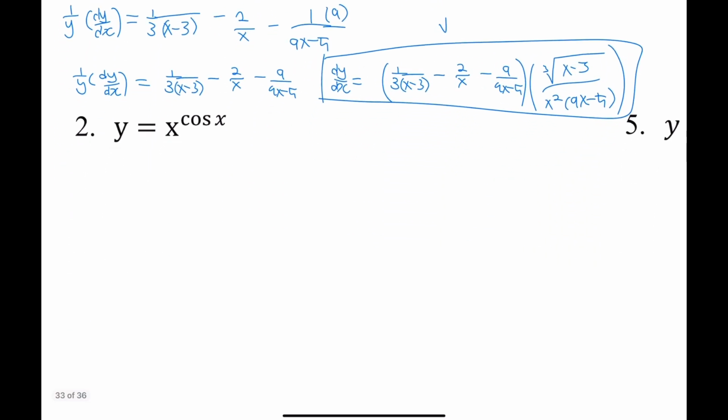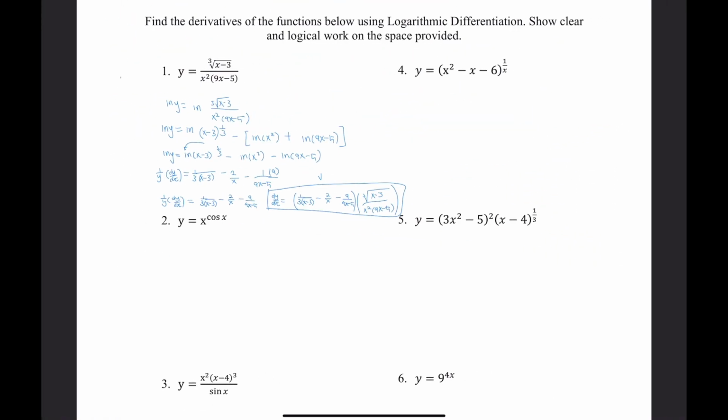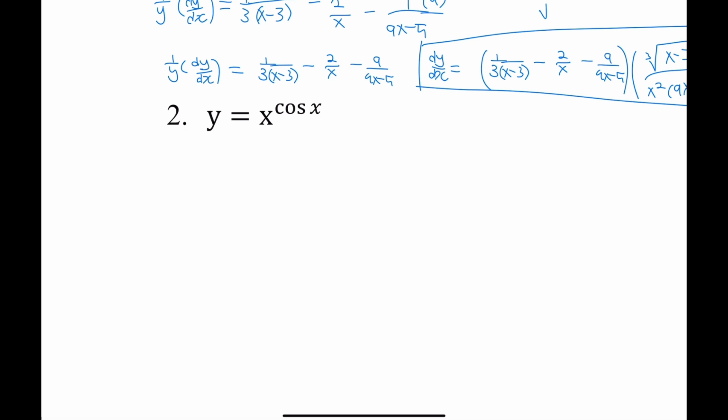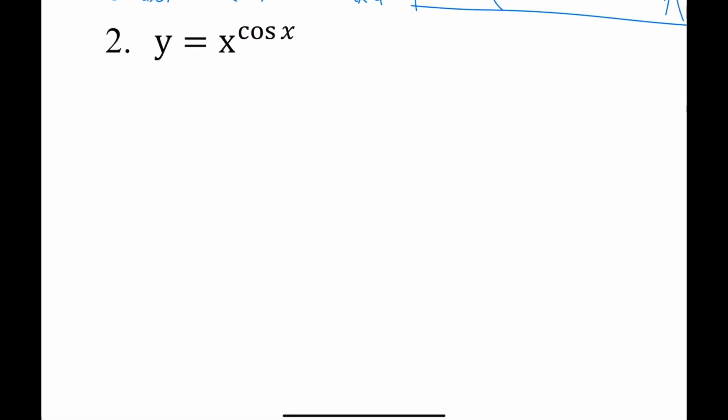And then number 2, I'm going to increase the speed a little bit because we already got through one example. So I'll just say ln y equals ln x to the cosine x, right? Let me just write this again. ln y equals cosine x times ln x.